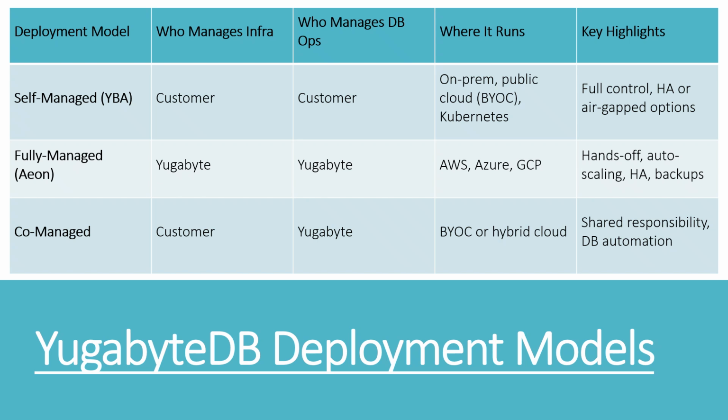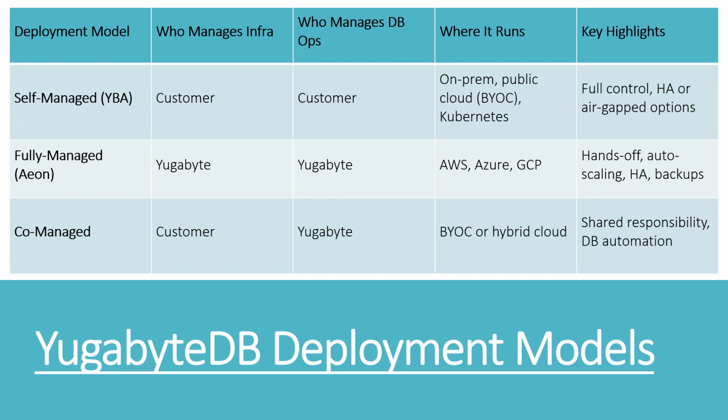This model gives us the flexibility to keep our infrastructure in our control for security, compliance, or cost reasons, while still benefiting from YugabyteDB's automation for cluster management, patching, monitoring, and scaling. This can be considered a middle ground between full control and full outsourcing.